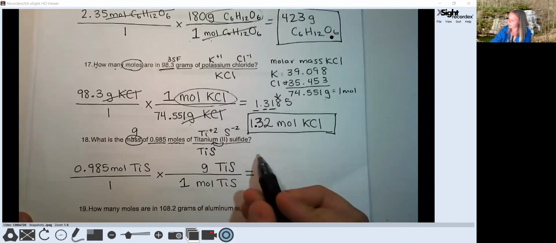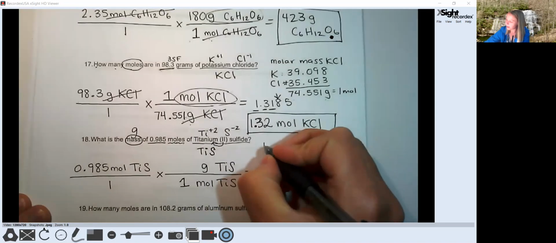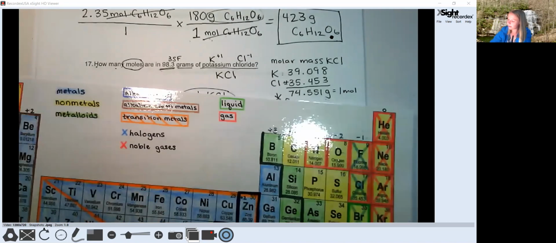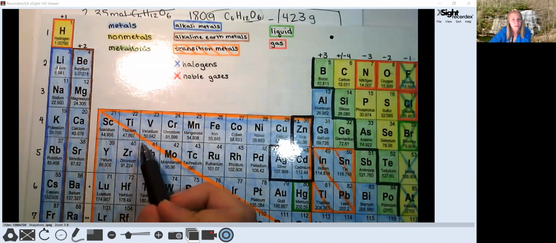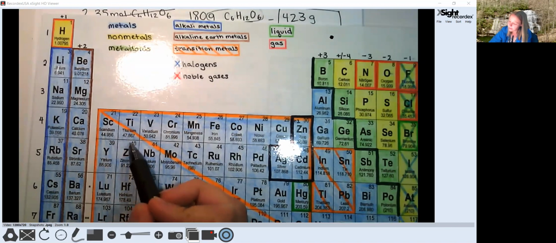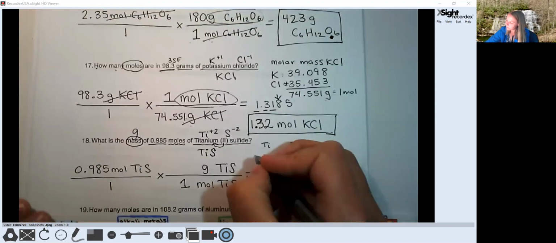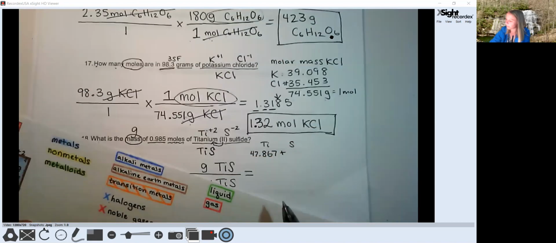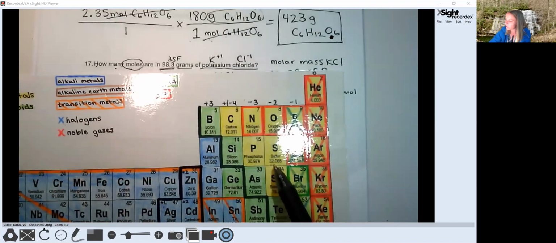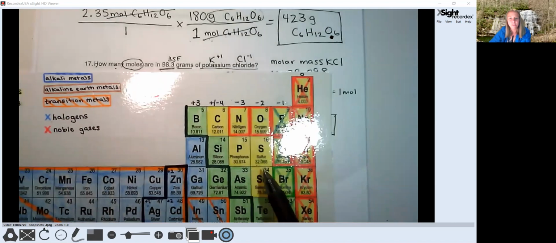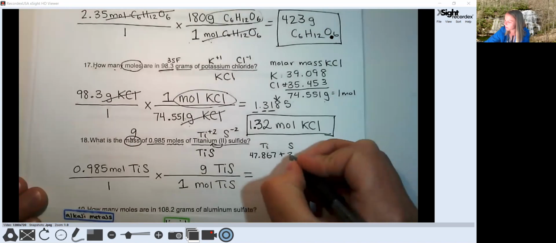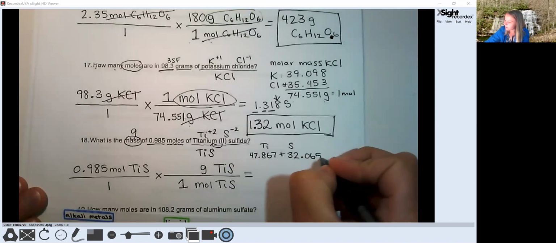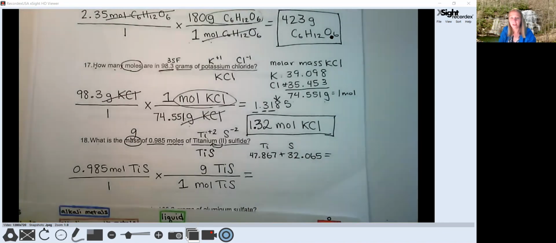So titanium plus sulfur, we need to add up those masses. Since there's only one of each, I'm just going to write the masses underneath. Titanium is 47.867 plus sulfur, whose mass is 32.065. I hope you have your own periodic table because it's kind of hard to see mine. We'll add those up to get our molar mass.